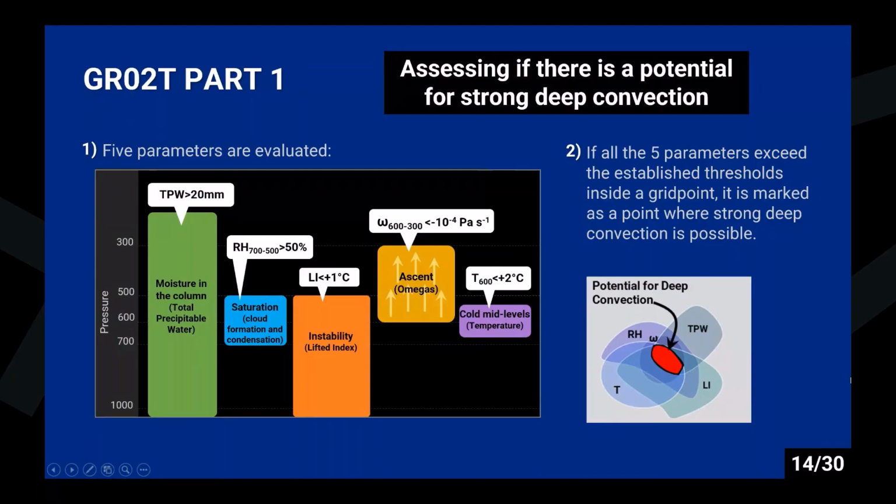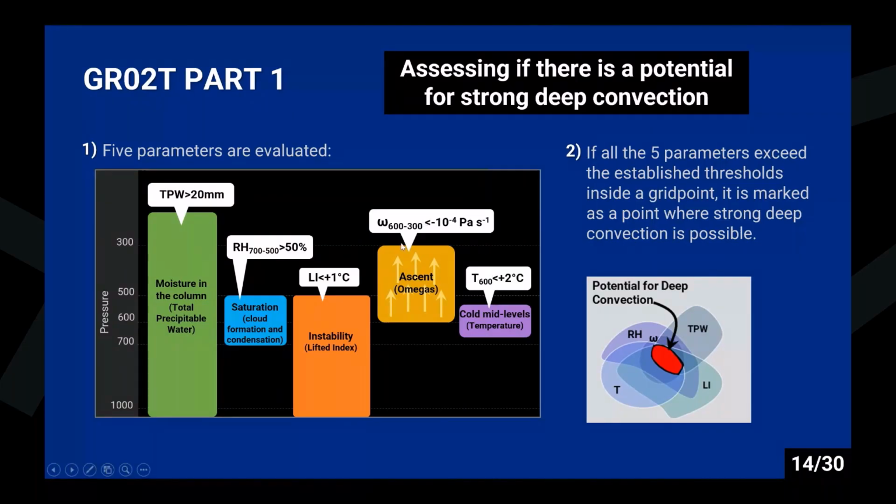So the things that we're looking at are total precipitable water. We're looking at relative humidity, and we're looking at this layer 500 to 700, which is a layer where hail usually forms. Then we're looking at the lifted index. The lifted index basically assesses instability if you raise a parcel from the surface to 500.